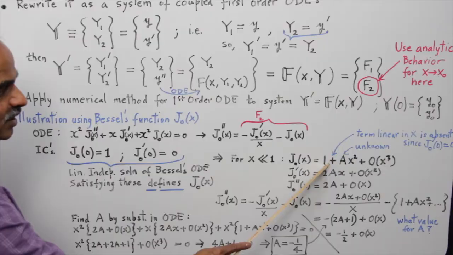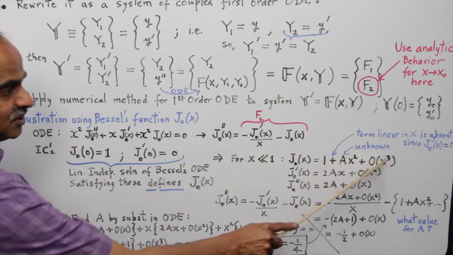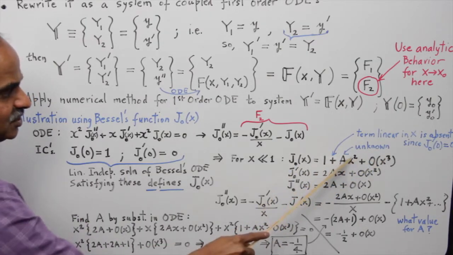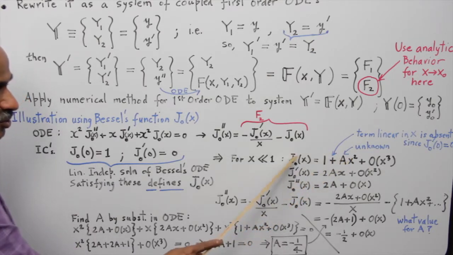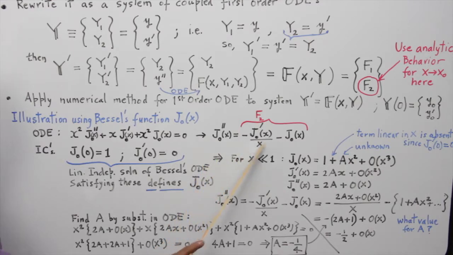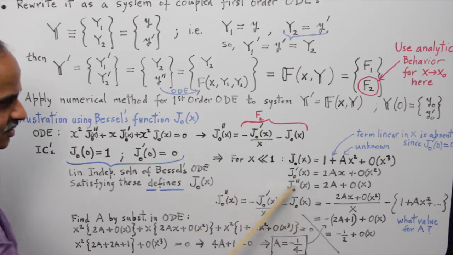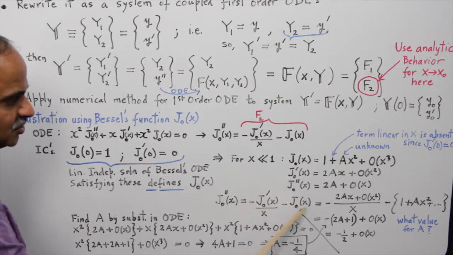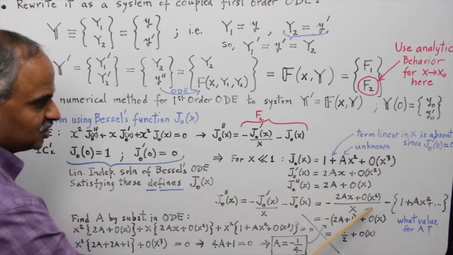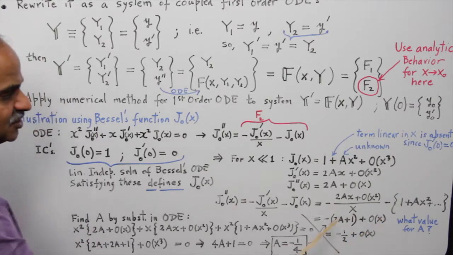It starts 1 plus a quadratic term plus order x cubed, and so given this expression where the coefficient a so far is unknown, we can obtain expressions for the first and second derivatives, and so once we have these expressions, we can substitute that in the right hand side here to evaluate f2 for small x, and so J0 double prime, this is the exact result, and then we have substituted the expansions for J0 prime and J0. This is the expansion for J0 prime. This is the expansion for J0 itself.